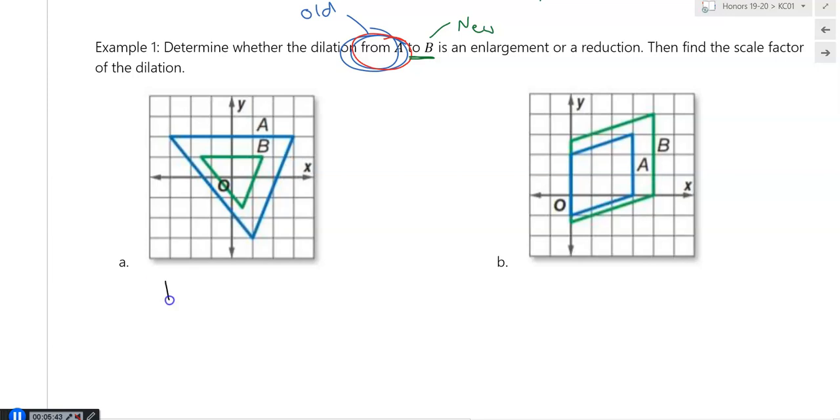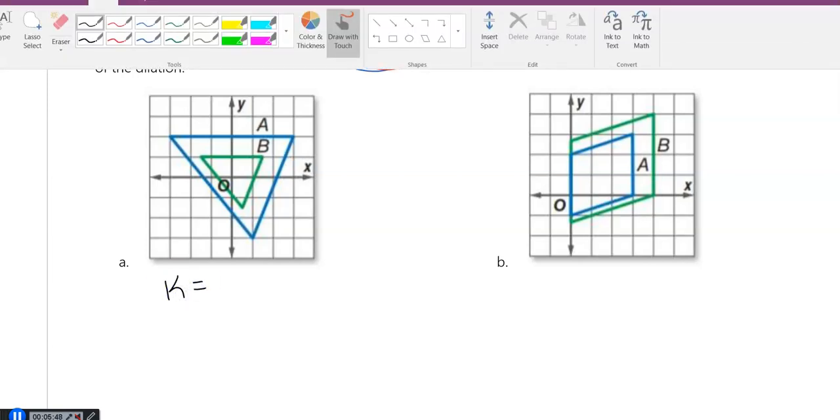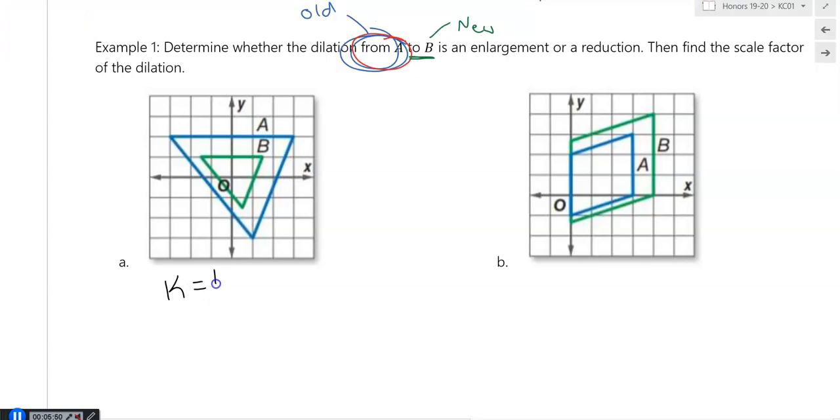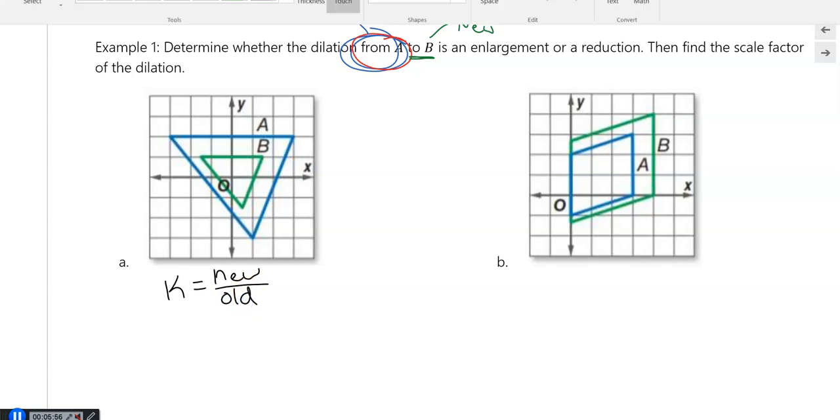So if I'm trying to find our scale factor, it is new over old, and I want to use the lengths of the sides.